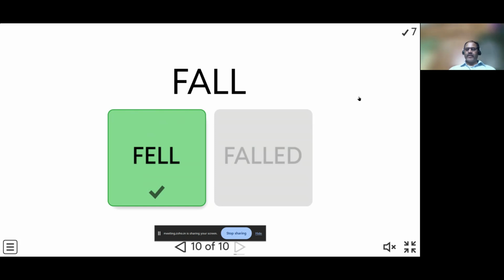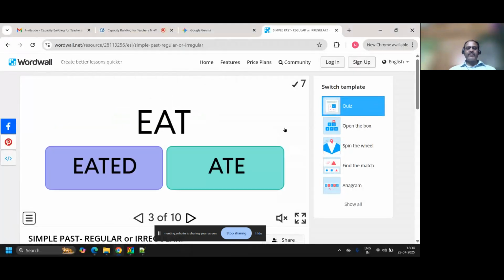So this is a very simple exercise. What we can do is, again, we have taken 10 such verbs. There are a lot of verbs. Typically, if you are able to capture totally 300 verbs and 500 objects and 100 places, then pretty much you will be able to converse with anybody.